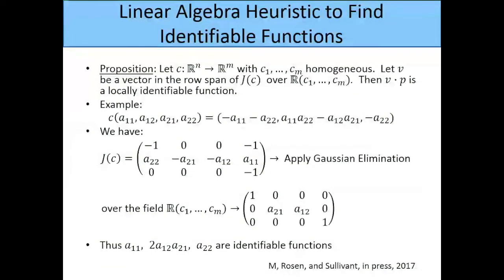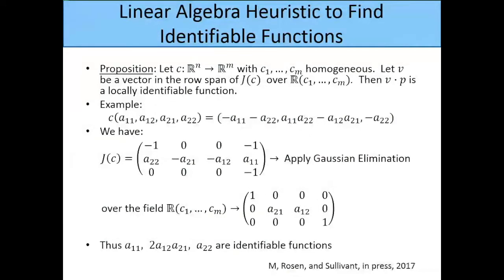Since each of the coefficients is homogeneous, when I take that dot product, I'm going to get a scaling of those original coefficient functions. So I'm going to get some function of coefficients, so I'm going to get an identifiable function. I see. That's why you take this field. Yes, exactly. That's why I take that field.